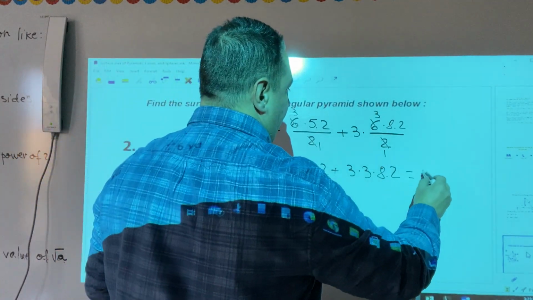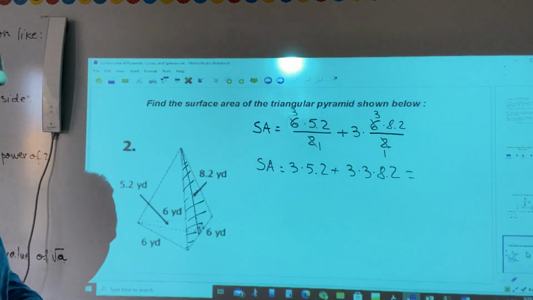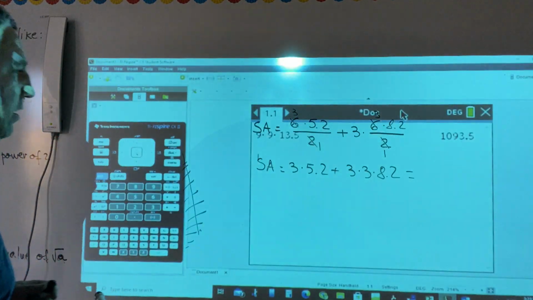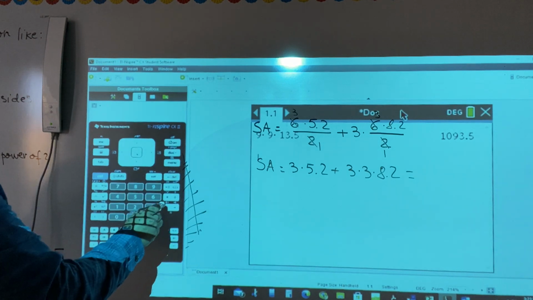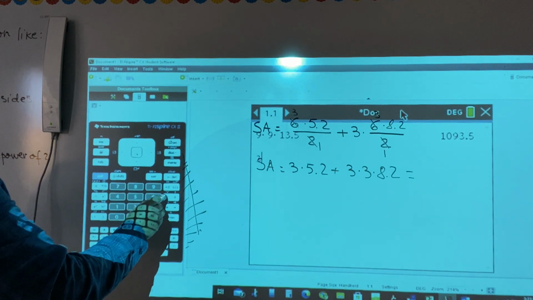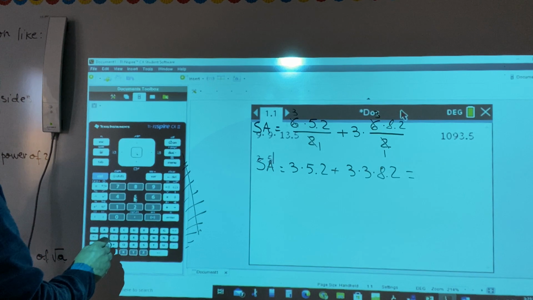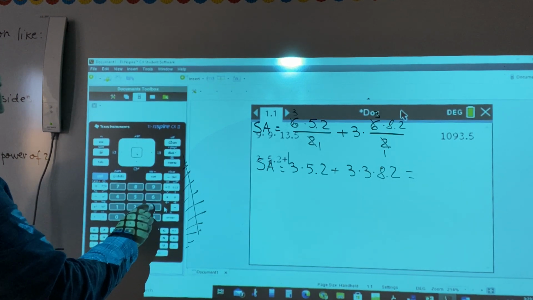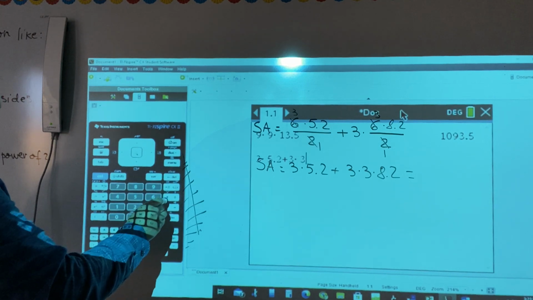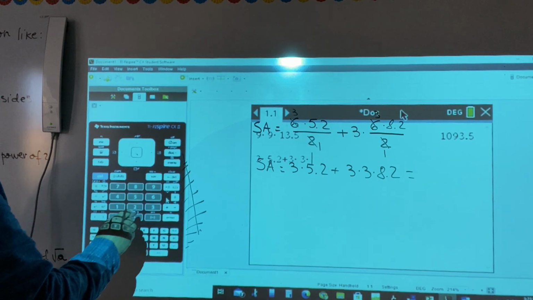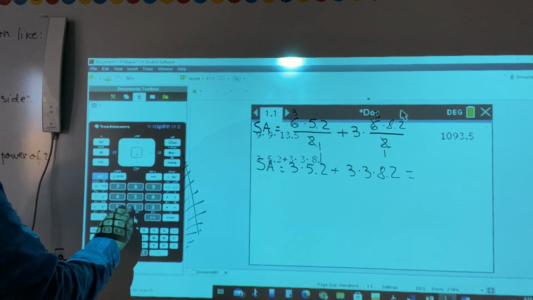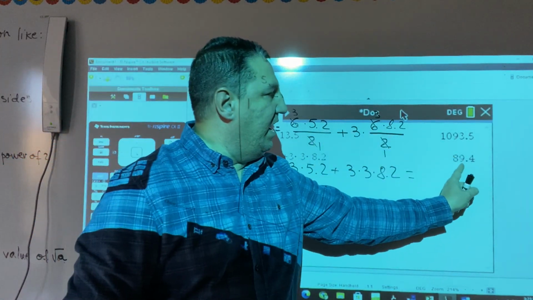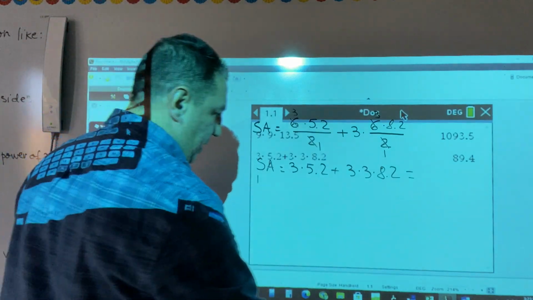So let's find this sum. We multiply 3 times 5.2 plus 3 times 3 times 8.2, and we hit that. So we got 89.4.